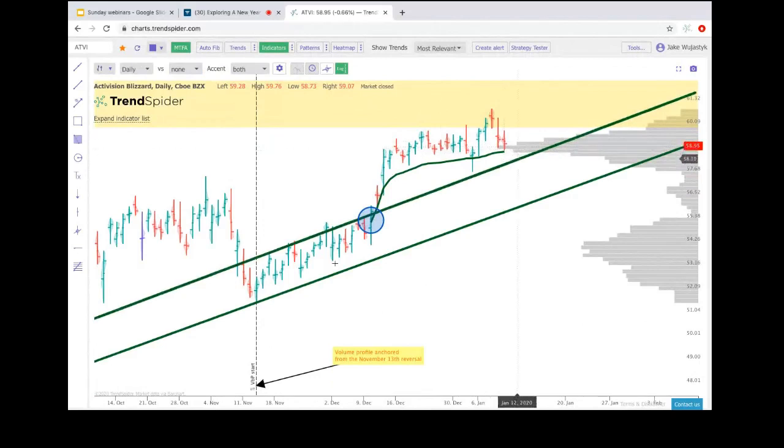And so this is a really cool example of us using the volume by price from a different date than the breakout point here. It's really nice to be able to use these in conjunction with each other. Using more indicators, more different types of features on the platform is only going to give you more of an edge.